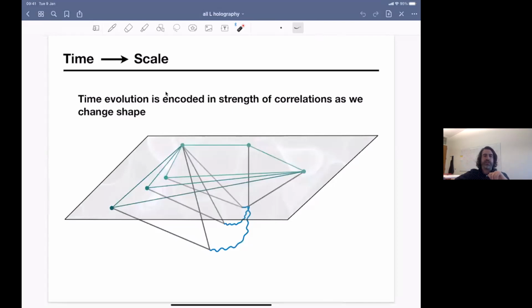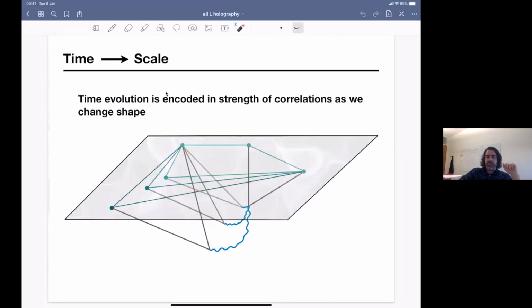And this is really just because of the physics of de Sitter space. So modes of different wavelength freeze out at different times in the cosmological history. They pass the de Sitter horizon at different points in time.